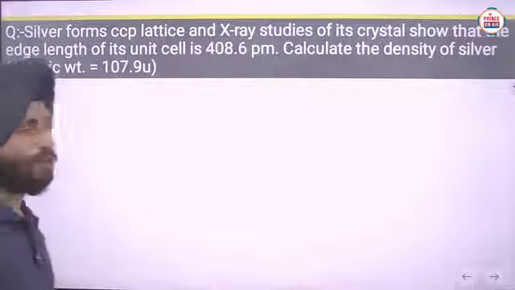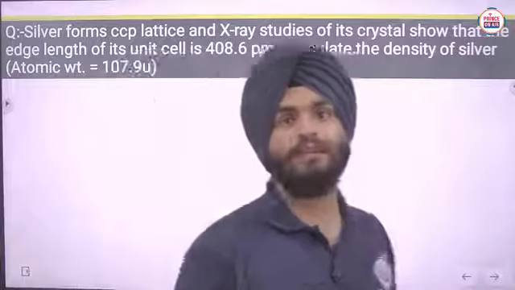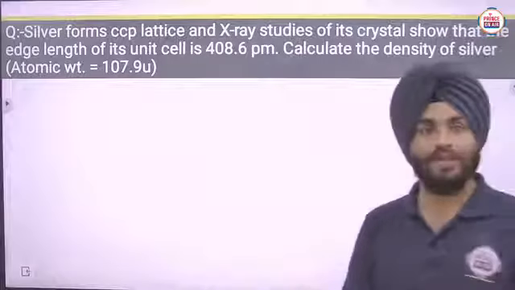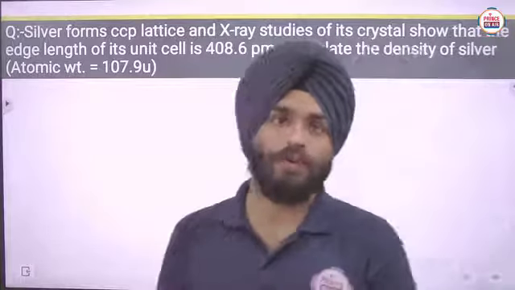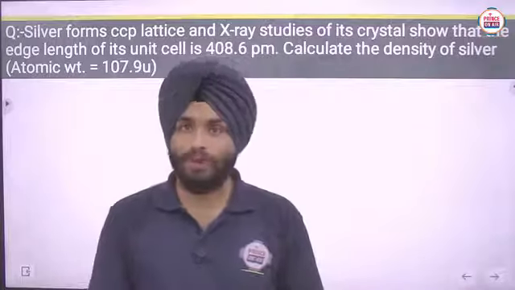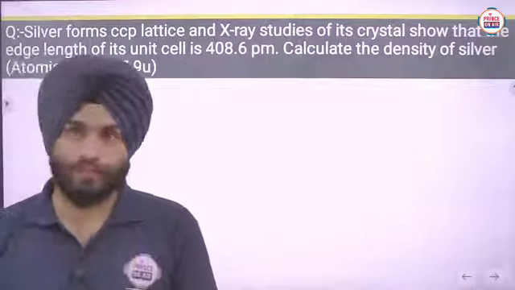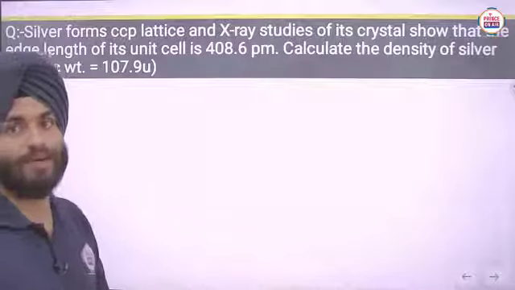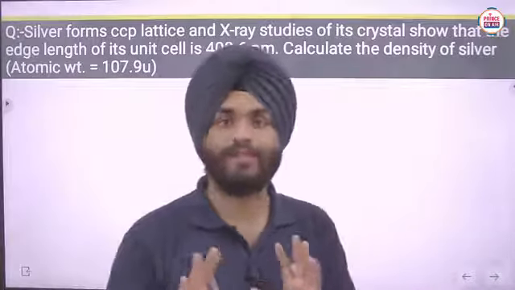Now next question. Silver forms a CCP lattice and X-ray studies of crystals show that the edge length of the unit cell is 408.6 picometer. Calculate the density of silver, and the atomic mass of silver is taken to be 107.9 units. That is the value given to you.